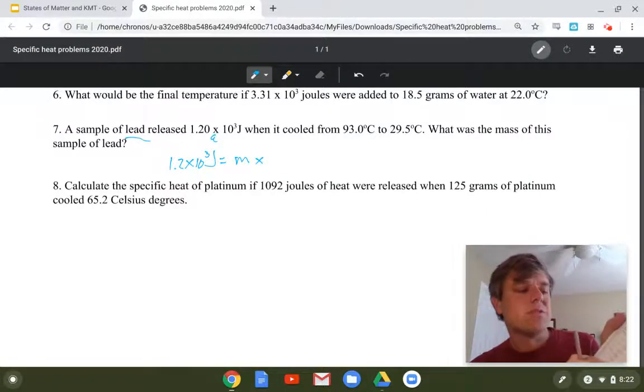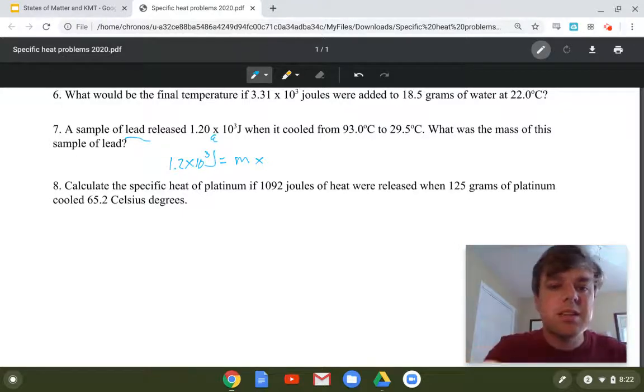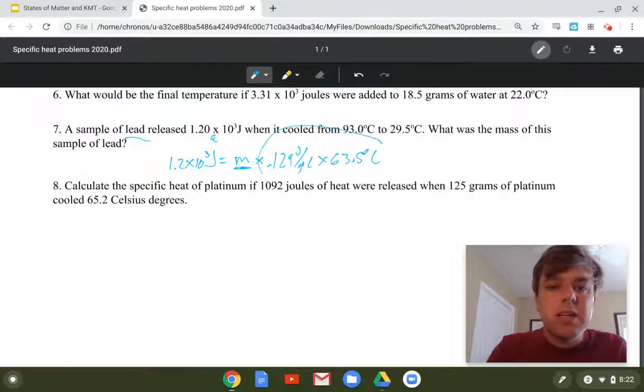If we look on our reference tables, the specific heat of lead, right there on the front page, is 0.129 joules per gram degree Celsius, times, if we go from 93 to 29.5, we take 93 minus 29.5. The difference is 63.5 degrees Celsius.